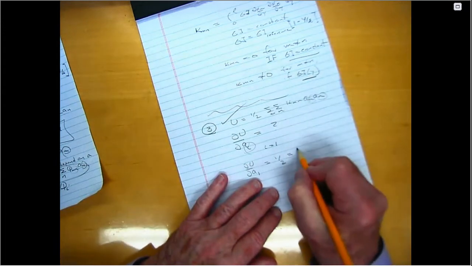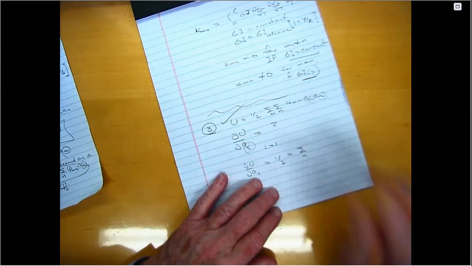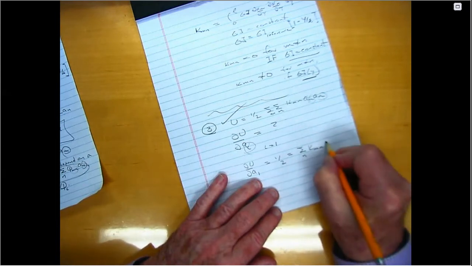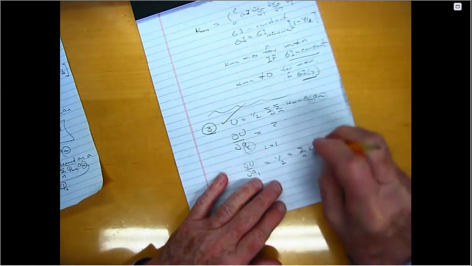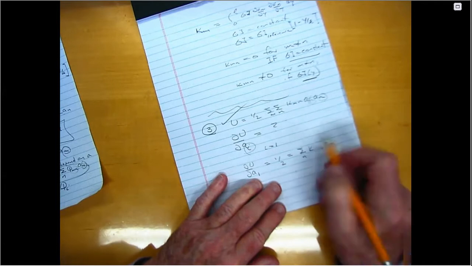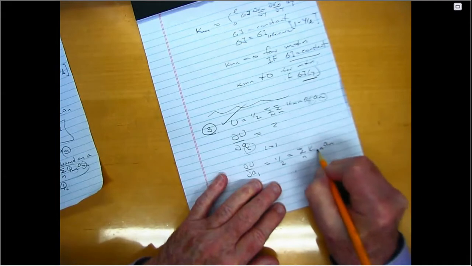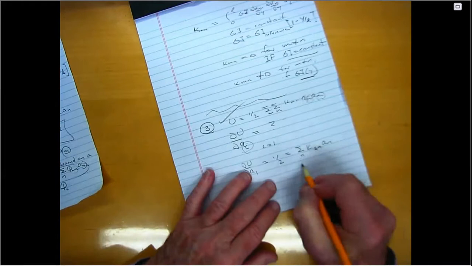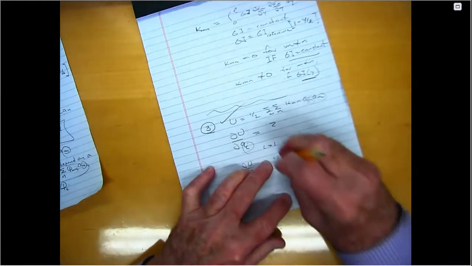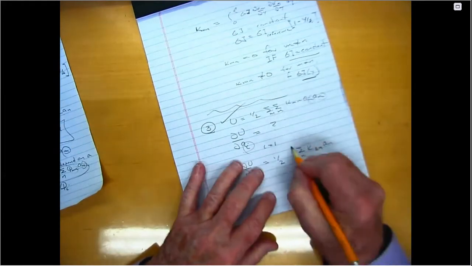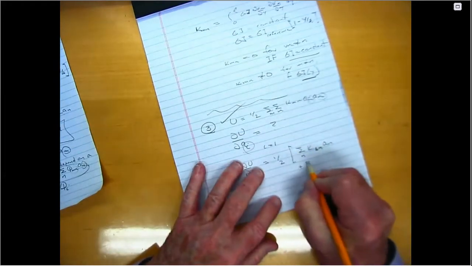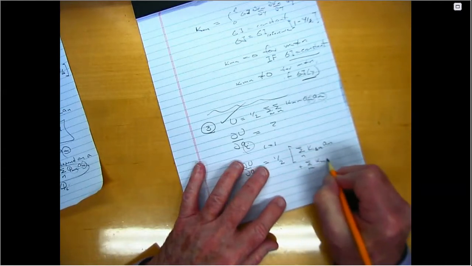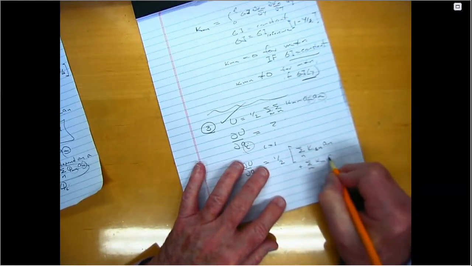Then I'm going to get a summation now over N alone, K sub 1N times A sub N, except M is equal to 1. Okay? But then I have another term. I have a summation over M of K sub M1 times A sub M.